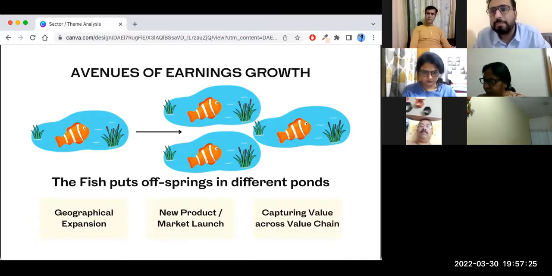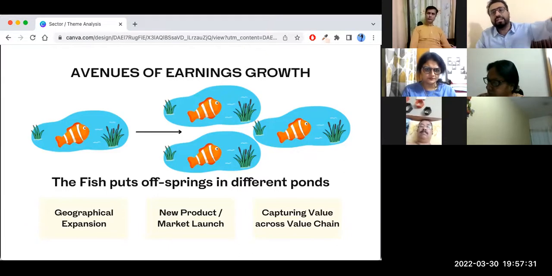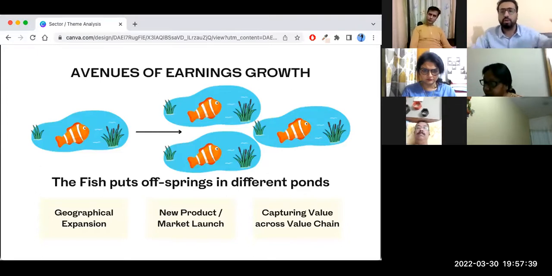Now, AirPod in itself is a new segment. It's a brand new sector or a new market that they have launched. It was not existing before. So it can happen that with a new product, you actually create a new market and you're dominating that market. So that's one way where, let's say, the fish can put offspring in different ponds.